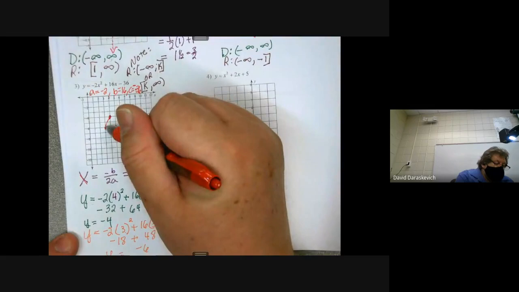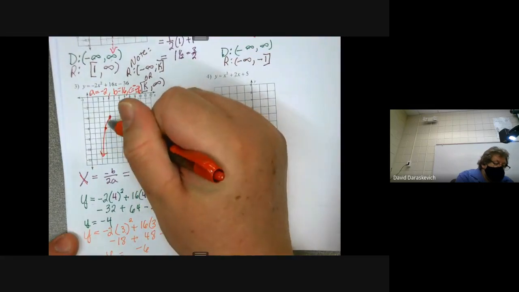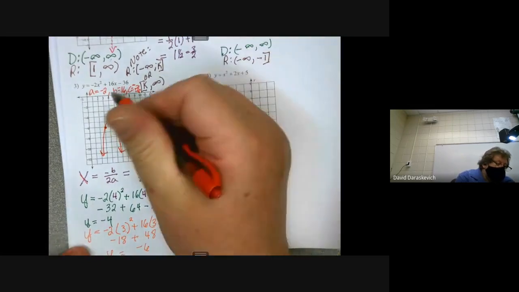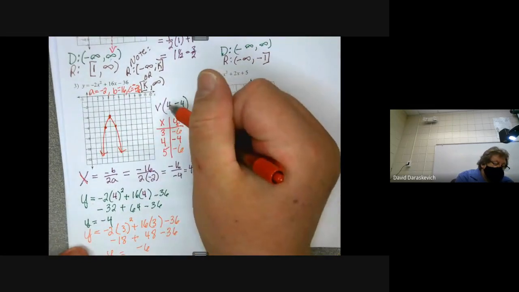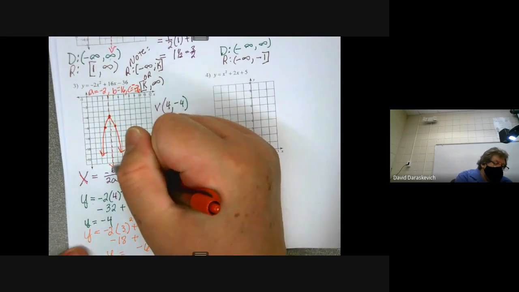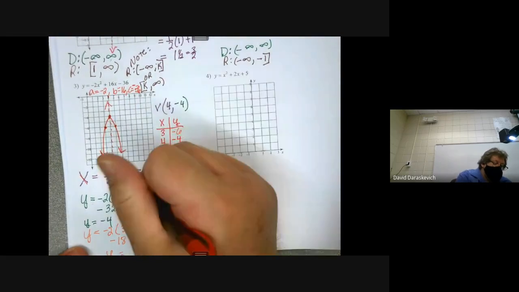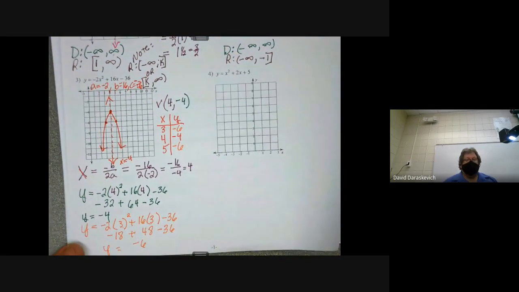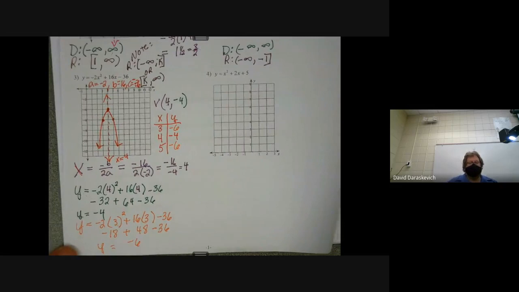Here's my parabola. Axis of symmetry is x equals 4. There we go. Did it manually.